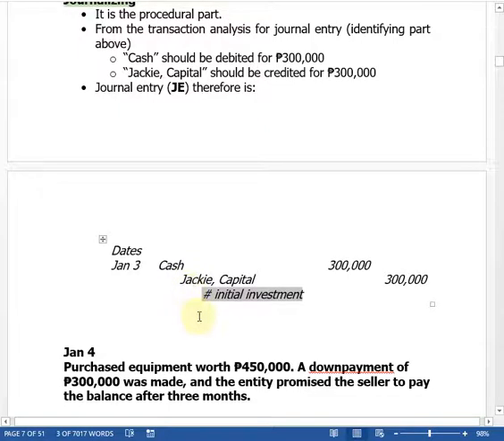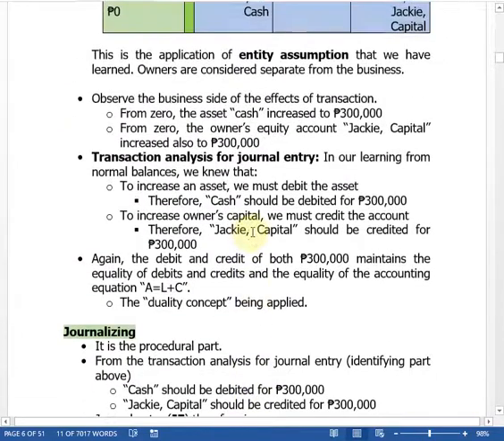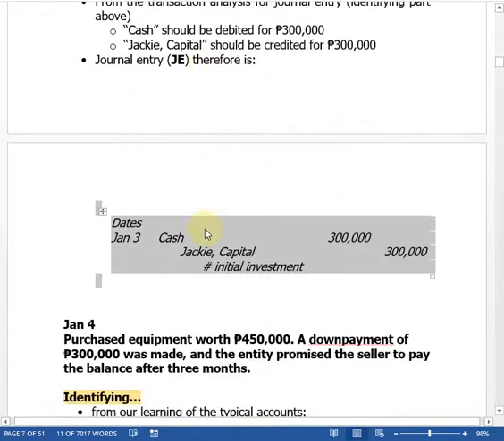Clearly, this transaction is about initial investment by the owner, so we may simply put as our description initial investment. Okay, so that completes the journal entry for the transaction on January 3, which is the initial investment by the owner.